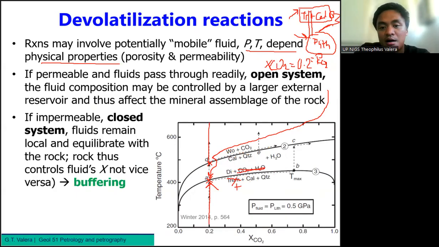Somehow you have the composition of the interstitial fluid maintained at this particular concentration, and that can be due to, for example, a larger reservoir of fluids keeping yung concentration ng pore fluids natin at that particular point.